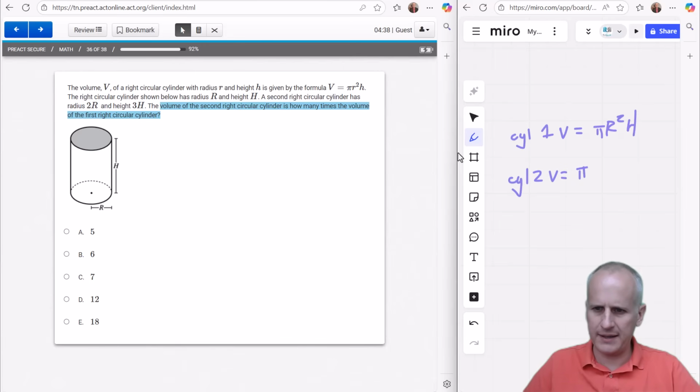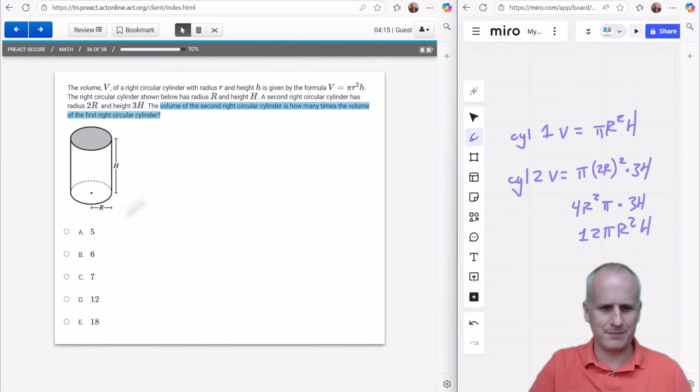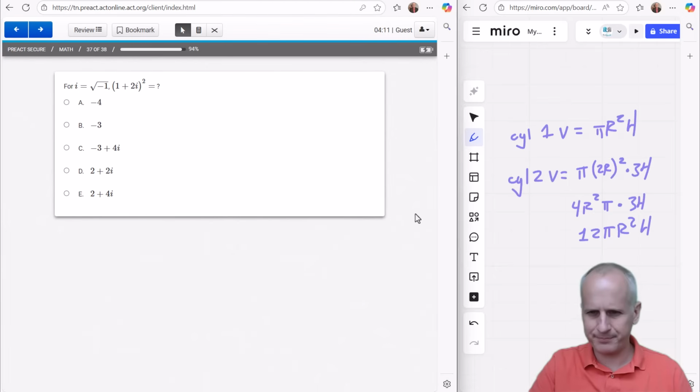So it's going to be pi, the quantity 2r squared, times 3 times the height. We've got to combine like terms. So we're going to end up with 4r squared pi times 3h, distributing out the exponent, which means that we've got 12 pi r squared h, and so it's just 12 times the original volume. We've got our correct answer of D, and we move on to the next problem.